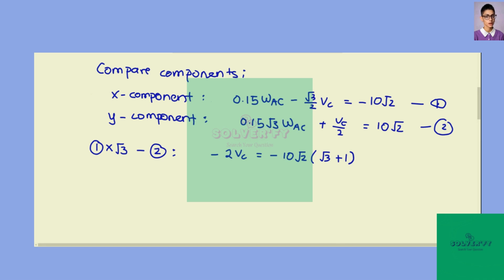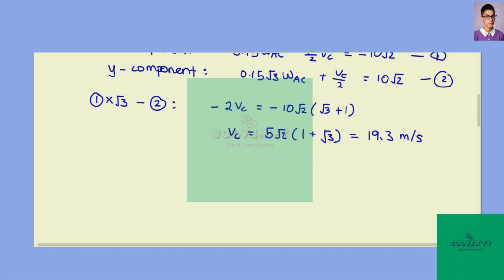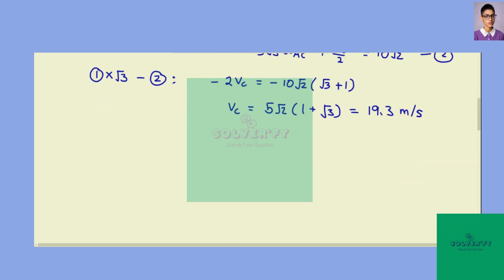So VC will just be 5 root 2, 1 plus root 3. If you use your calculator, you get VC to be equal to 19.3 meters per second. Now we have VC, we can proceed.